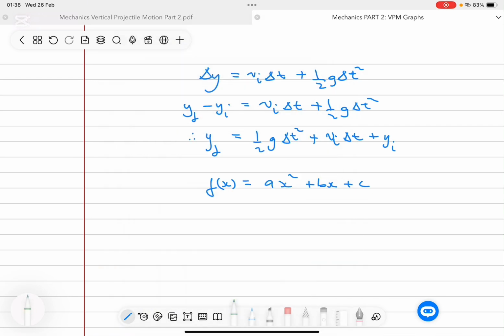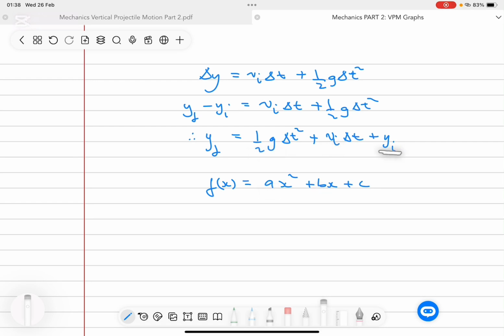Now, yf, which is the final position of our projectile or the object, is the same as f of x. The 1/2 g is the same as a. The vi here is the same as b.